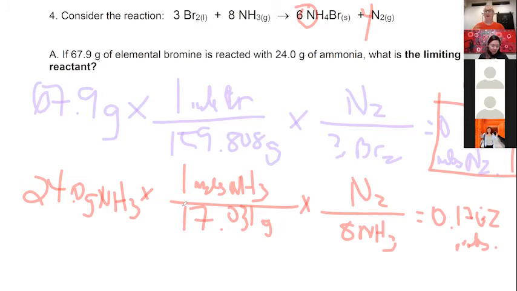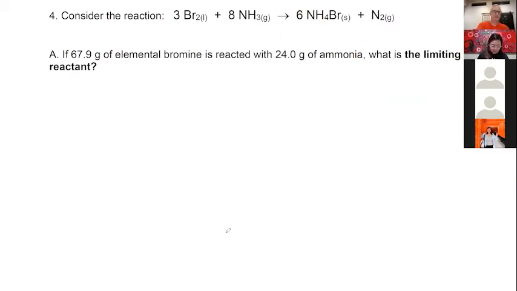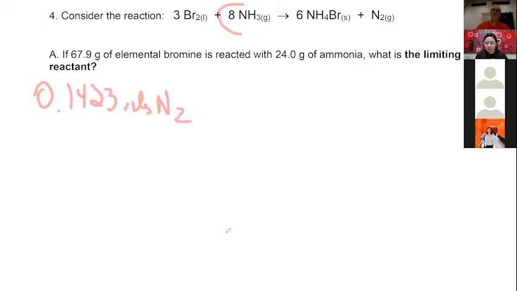So to figure out what the mass is, we now figure out, if I make 0.1423 moles of nitrogen, how much ammonia did I use to make it? So I want to convert that to moles of ammonia.